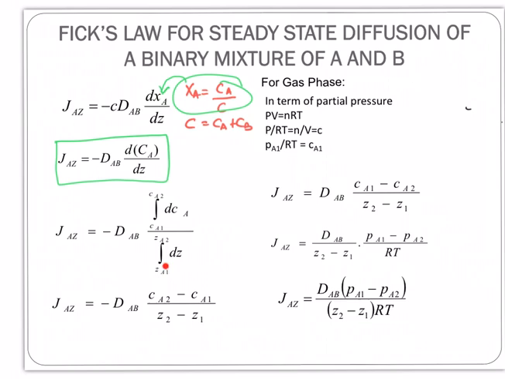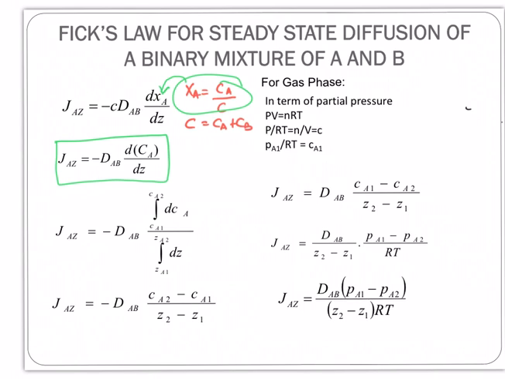Same thing with the distance: position 1 is a lower value compared to position 2, but the concentration at position 1 is higher compared to position 2 to allow diffusion to occur.